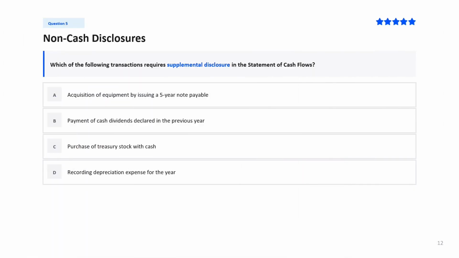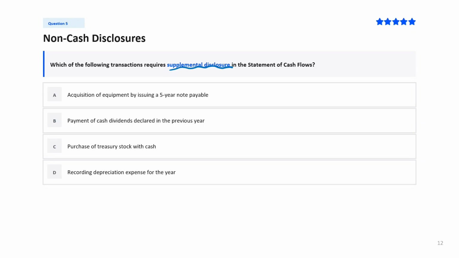Okay, so now we are moving into a question about statement of cash flow disclosures. This is a common exam topic that tests your understanding of what belongs in the body of the statement versus what belongs in the notes. The question is asking which transaction requires supplemental disclosure.